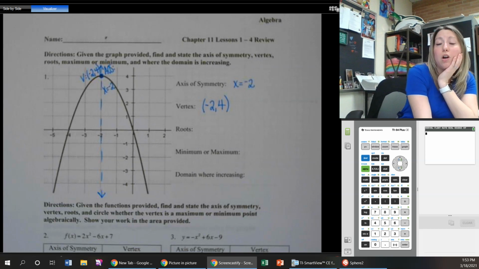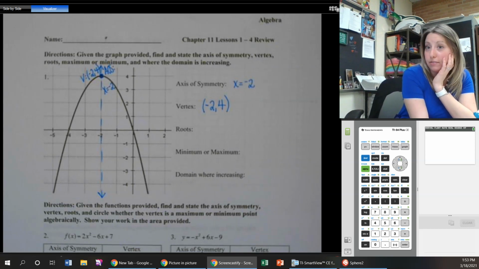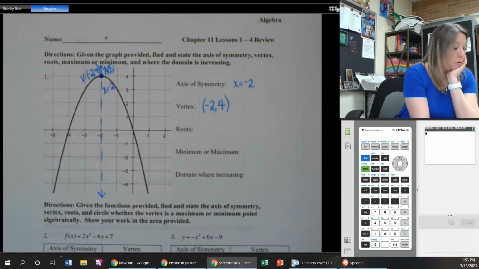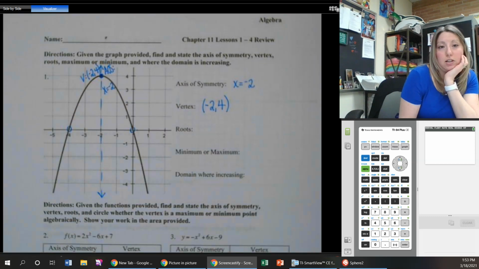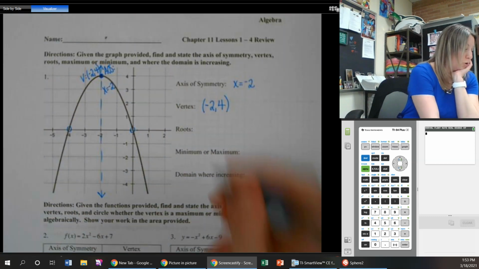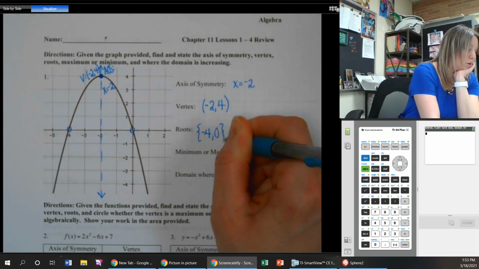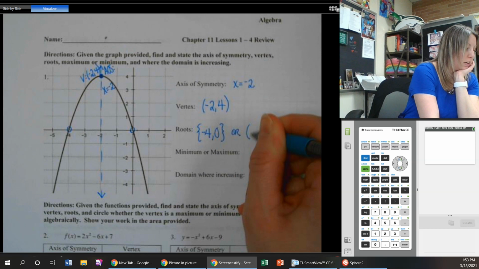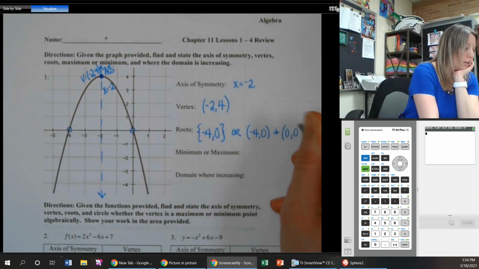The roots are the 2 points or 1 point or no points that touch or cross the x-axis. So right here and right here, I am crossing the x-axis. And the roots are either listed as just your x values or they're listed as the coordinate points where we're touching and crossing the x-axis.